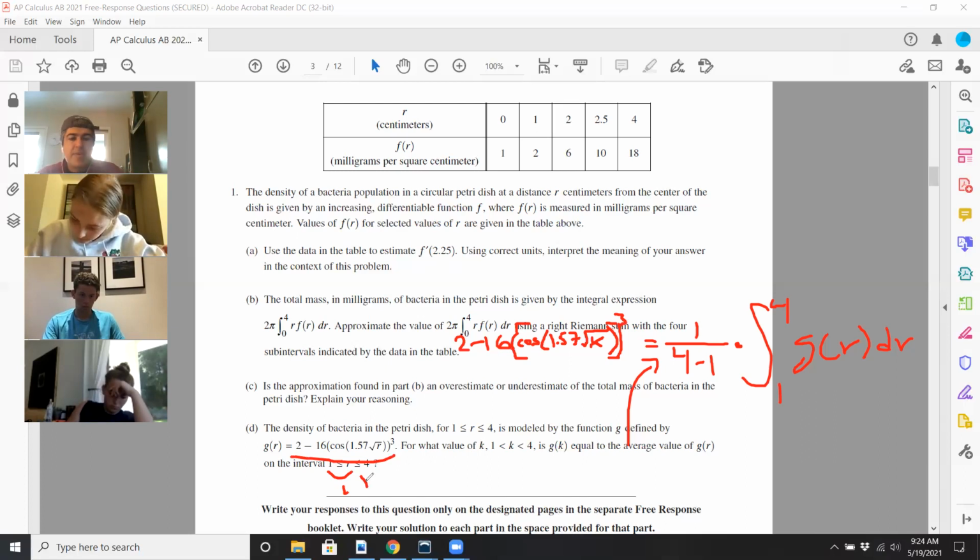So let's do this together and see if we get the same answers. I'm going to go to y1. I'm going to type in that function, 2 minus 16 cosine 1.57 root x, parentheses, another parentheses, and cube.